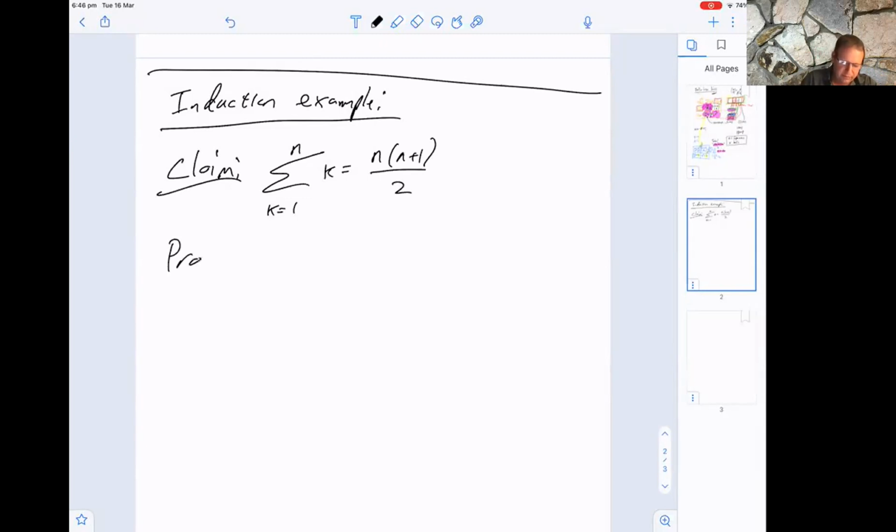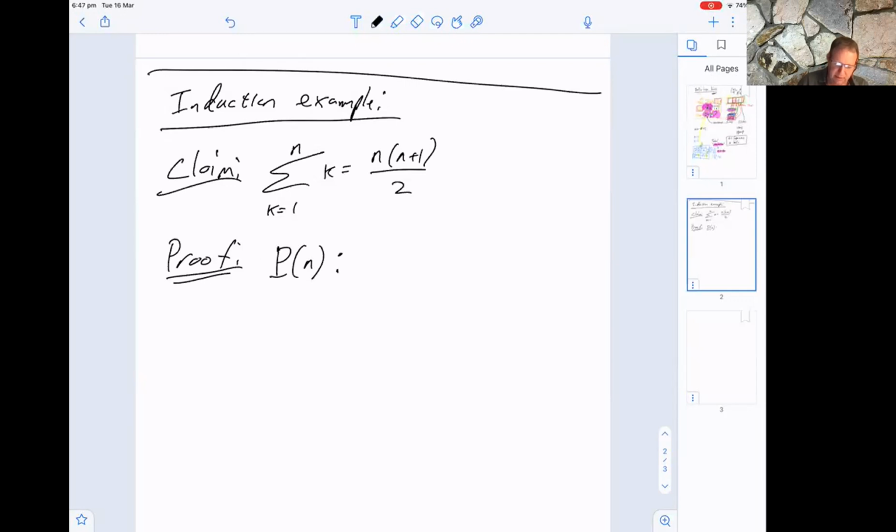All right, proof. Let's write the statement. Let's call it P of n, just to be a bit more formal.